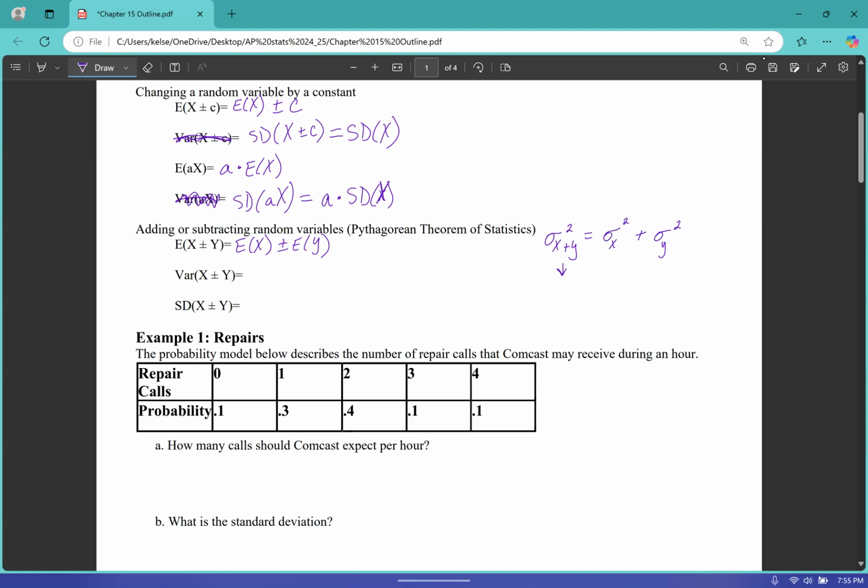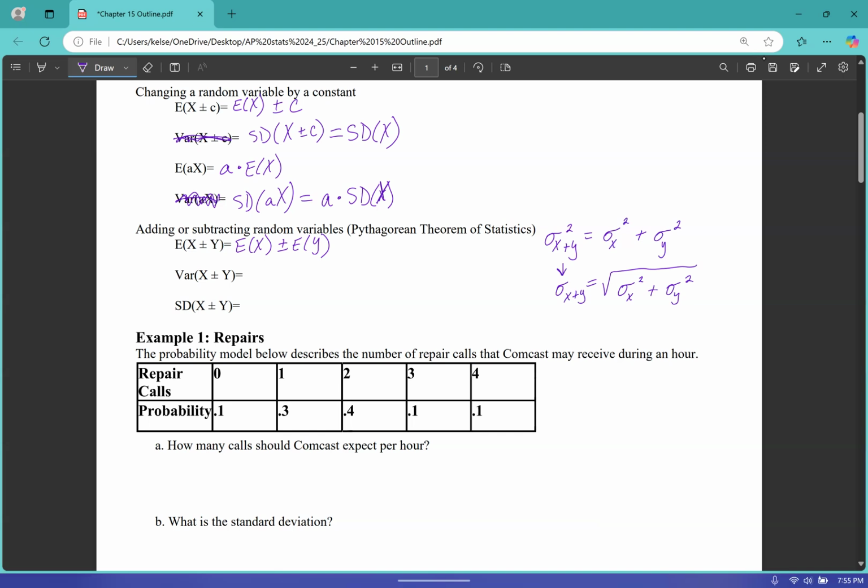So if I just want the standard deviation of x plus y, it's going to give me the square root of the variance of x plus the variance of y. And this looks a whole lot like the Pythagorean theorem. And that's actually kind of what it's based on.